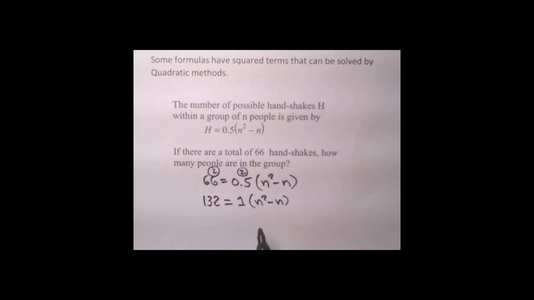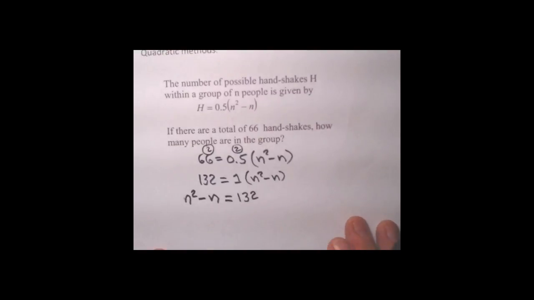Well now, much easier to solve. 1 times n squared minus n is just n squared minus n. I like to have the variables on the left, so I'm going to interchange the sides and write this as n squared minus n equals 132. Since I'm interchanging the sides, I don't change the signs, and the 132 goes over here as positive 132.